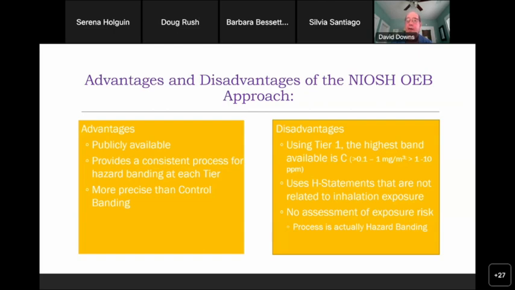You throw it into a higher band on that basis, but those statements don't really relate to inhalation exposure at all. So the other disadvantage is there's no assessment of exposure risk.